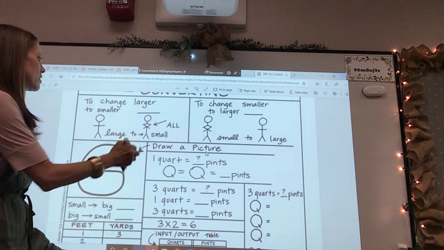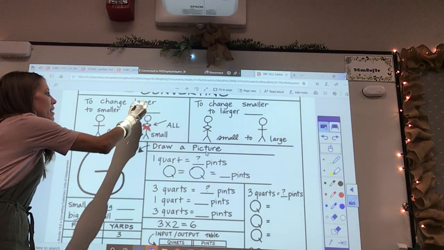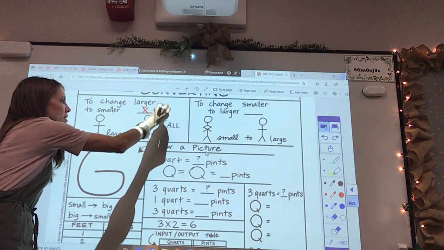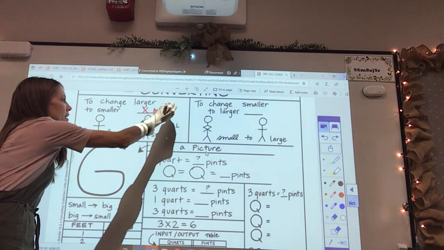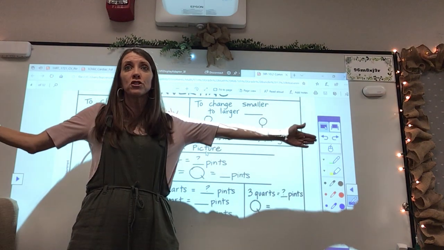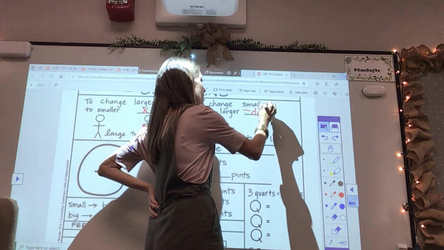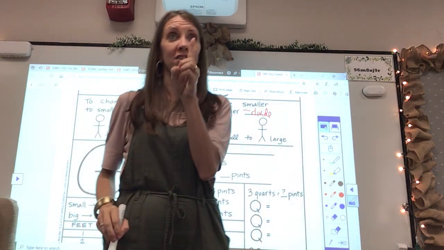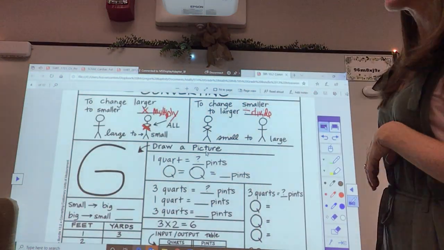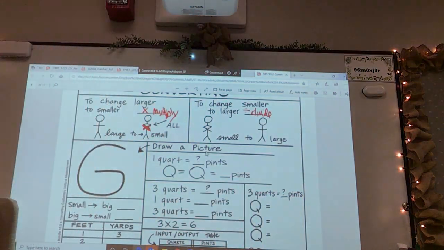That means you multiply. He's got it like an X right here. If you go from small to large, you divide. That is just the first part of the problem, figuring out whether you multiply or divide. We're going to move on to the next part later. But fill that all in, so at least you have the first part.